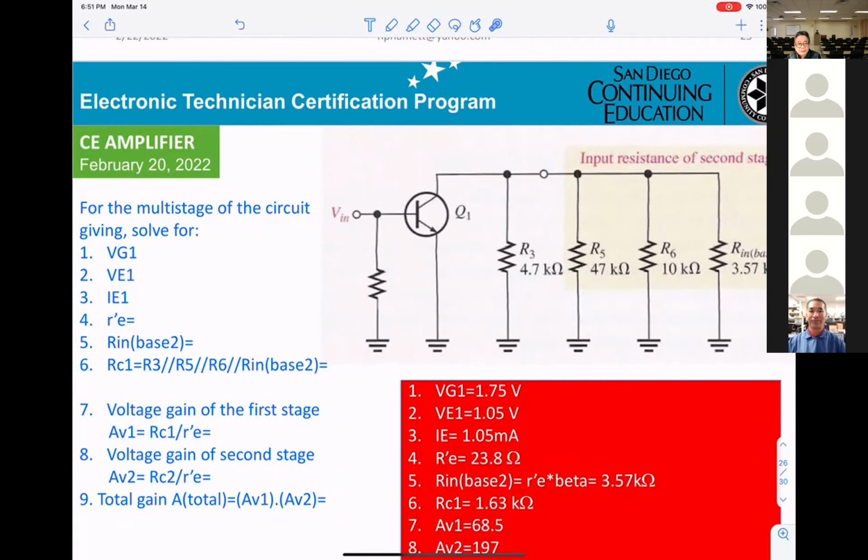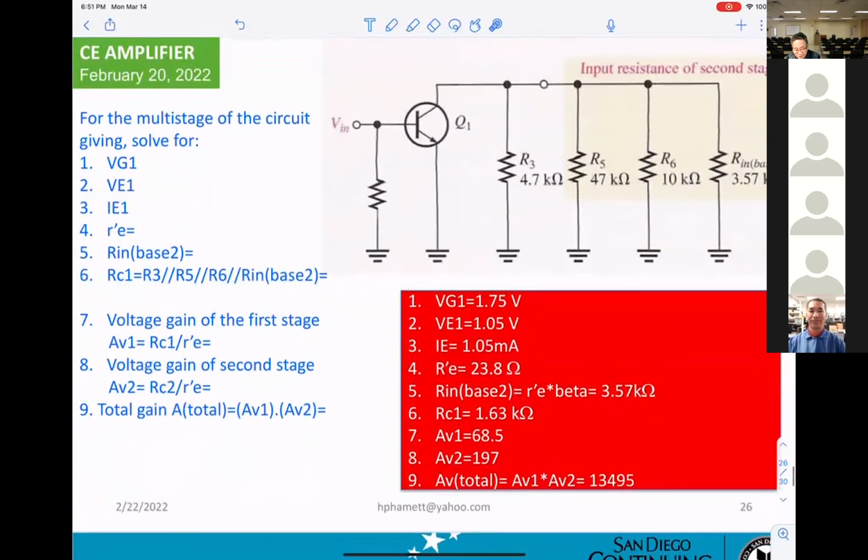That means for Q1. Everything here I already gave you in the calculation solution, so you can look into that. We don't go into too much detail here.